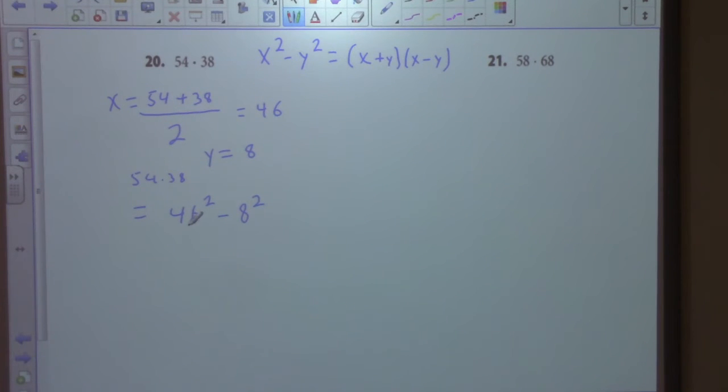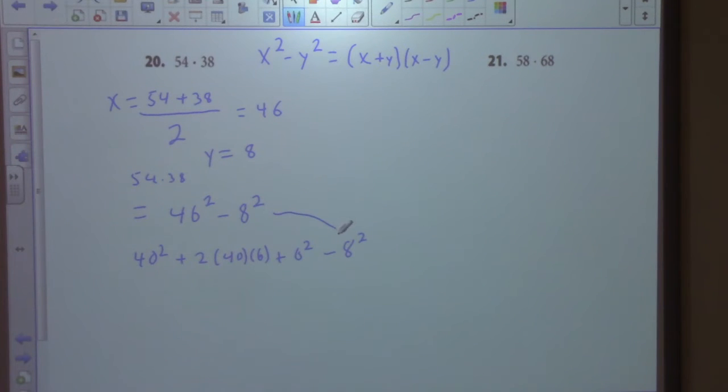Now in this one here, because the numbers are not as easy to see in your head, we can do another xy thing and write this as x squared plus 2xy plus y squared, and then we can subtract from this 8 squared here.